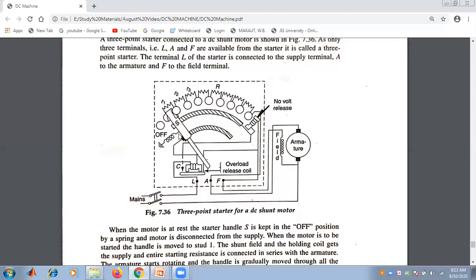Again, if by any chance the shunt field winding gets open circuited, the holding magnet gets de-energized and the starter handle returns to the off position.